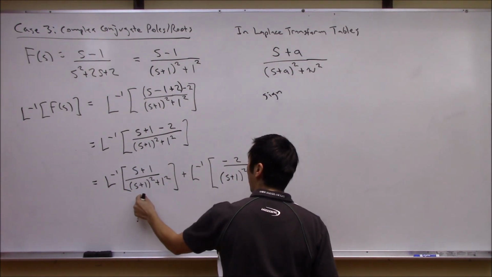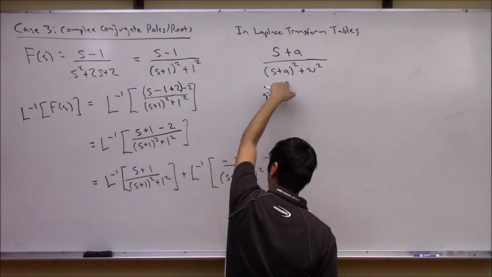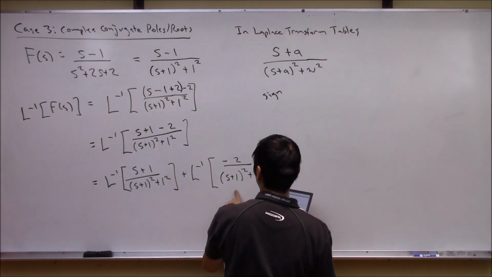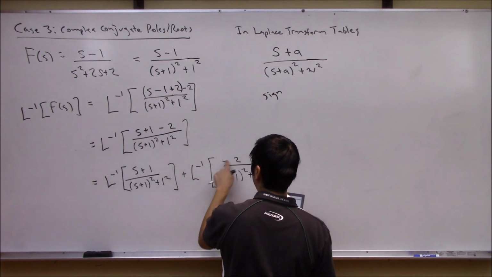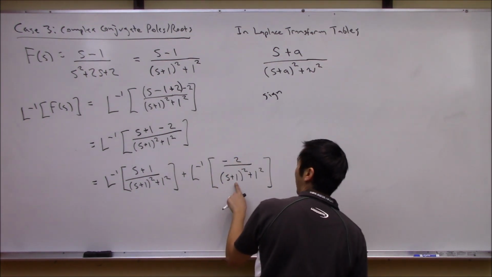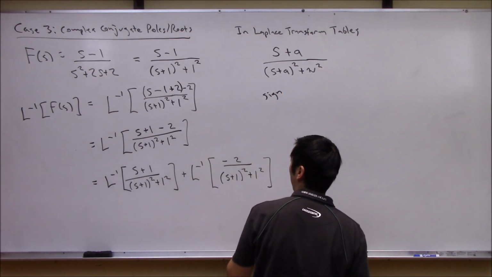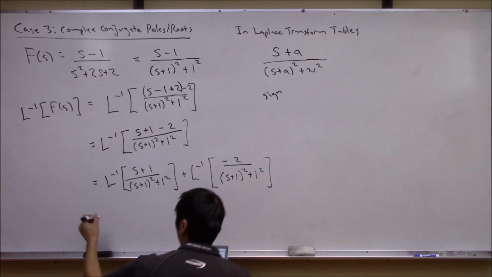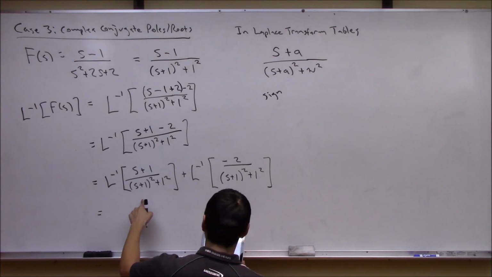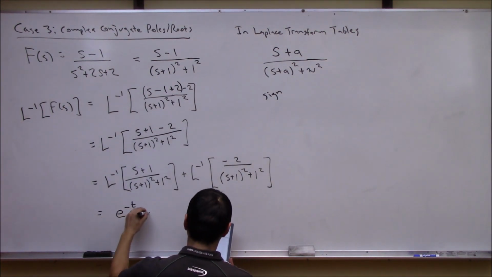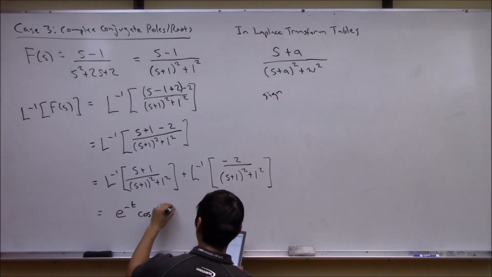Great. Now this term right here exactly matches the format that we're looking for. And then over here we just have to do a little bit of juggling, and we're going to pull the negative 2 out, so we have a 1 here matching this 1, and therefore it's going to match another similar format in the inverse Laplace transform table. Long story short, this first term is going to look like e to the minus t cosine of 1t.